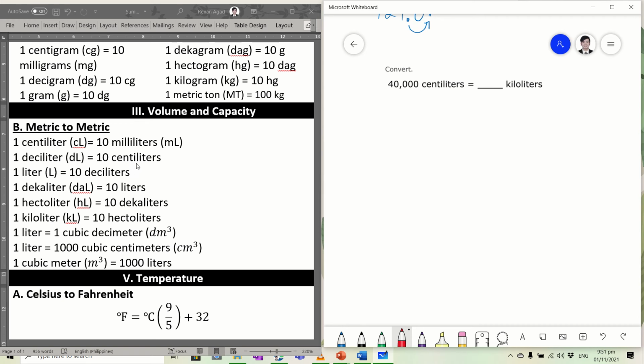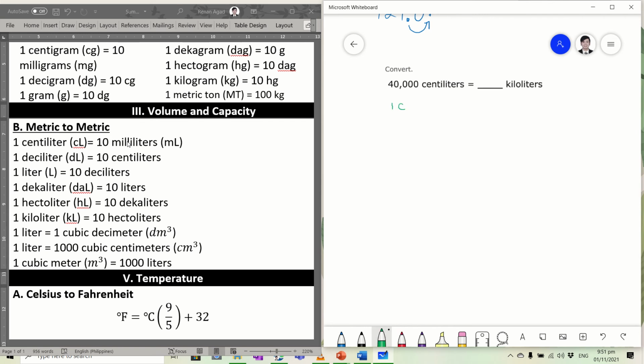So convert centiliters to deciliters, and from deciliters to liter, and then from liter to decaliter, from decaliter to hectoliter, that will already become a kiloliter. So that's quite long, no? But we will just copy our conversion factors.